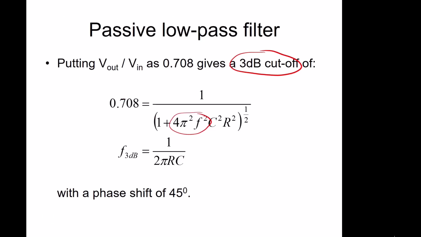We put in our minus 3 dB, which is 70%. We rearrange this equation and we find the frequency when the attenuation is 3 dBs is given by this equation, 1 over 2 pi RC.